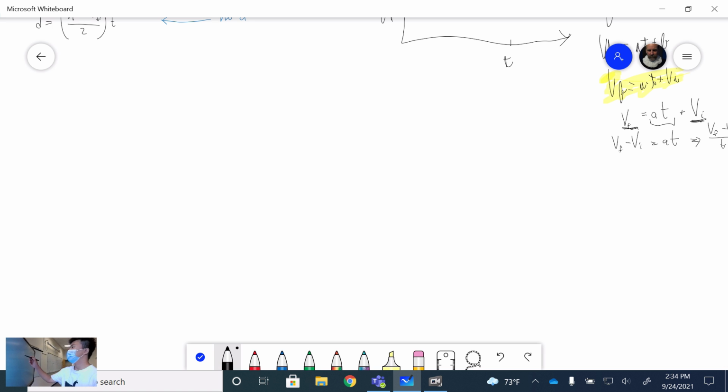Yeah. So as we know, we have acceleration equals change of velocity over time, and then we also have displacement equals the average speed times time.